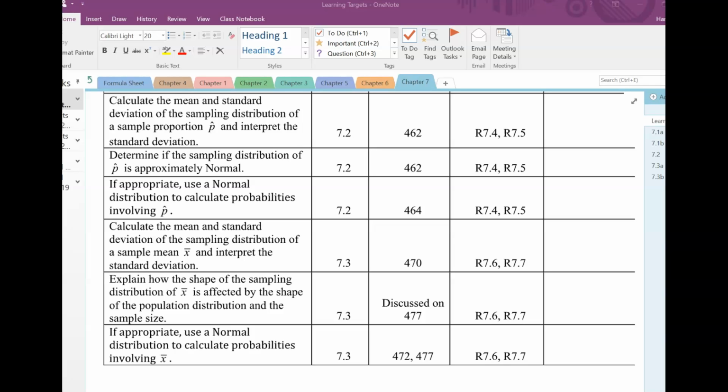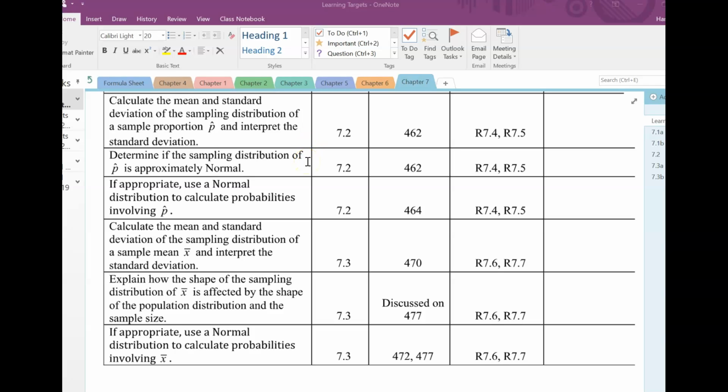What I'm going to go through with you is a discussion of the sampling distribution of a sample proportion. Lots of vocabulary there to keep track of. But on the screen, what you're going to see are the three learning objectives or learning targets for this. The first one, calculate the mean and standard deviation of the sampling distribution of a sample proportion p hat and interpret the standard deviation.